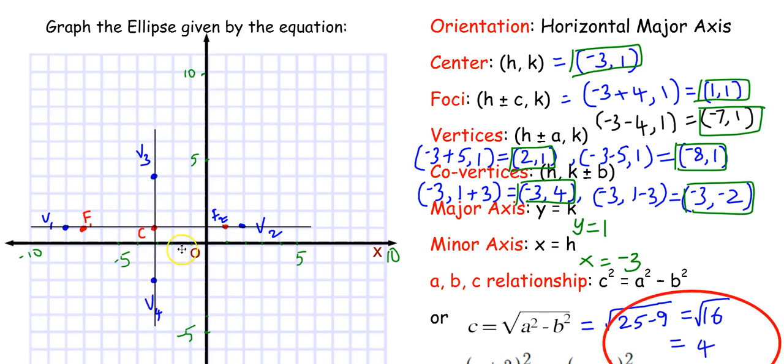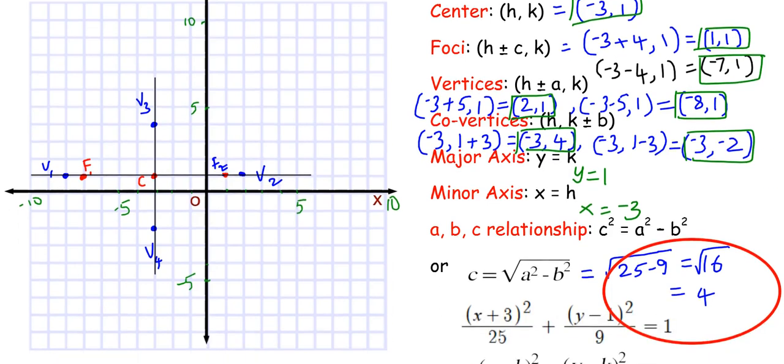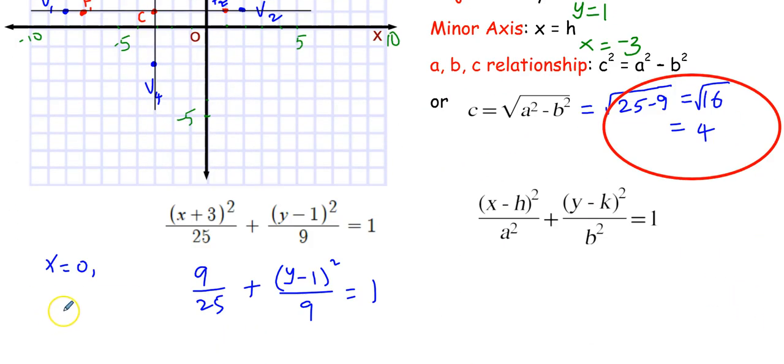Now we'll find a few more points that are lying on the ellipse so that we'll be able to draw our ellipse. Okay, so our equation of the ellipse is (x plus 3) whole square over 25 plus (y minus 1) whole square over 9, and I substituted x equal to 0.